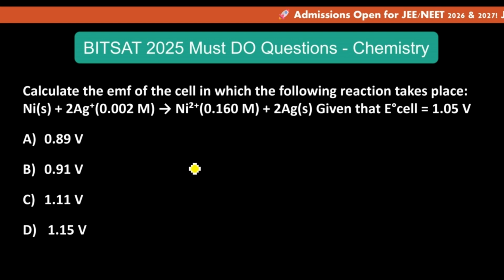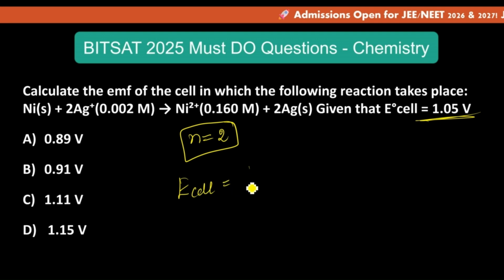So E cell of the reaction is 1.05 volt. So number of electrons participated over here is 2. So E cell is equal to E naught cell minus RT by nF ln Q. Correct?